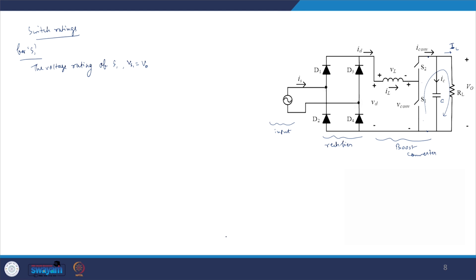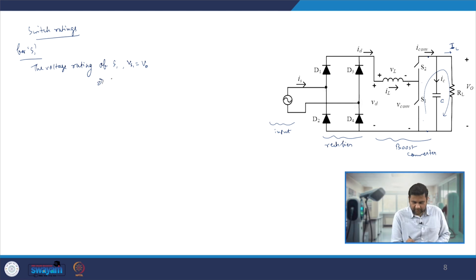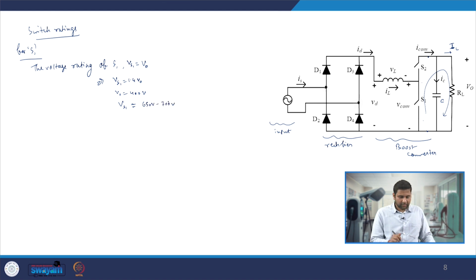Generally, when you are selecting a particular switch, you give a safety margin of 40 to 60%. So, you can select a device having 1.4 times that V0. Let us say if you have V0 selected as 400 volt, then generally you will take Vs1 near 650 to 700 volt, which is roughly 1.4 times that V0.